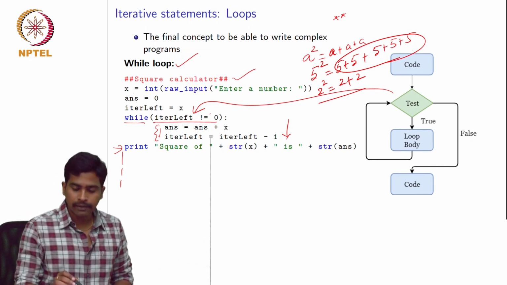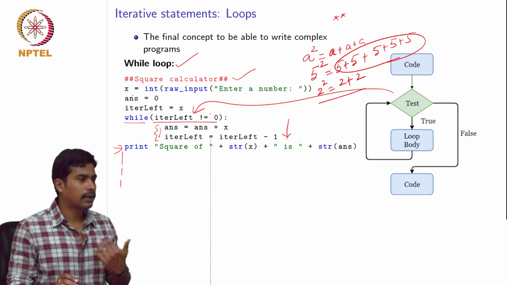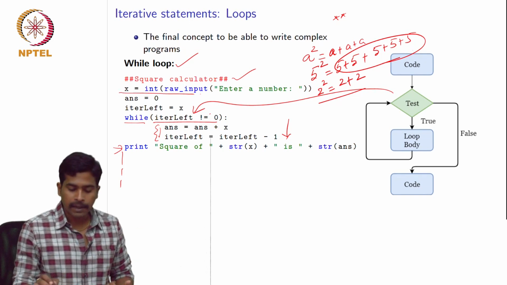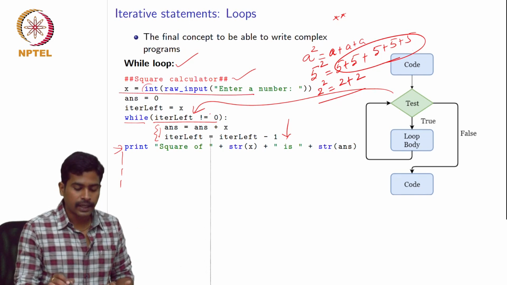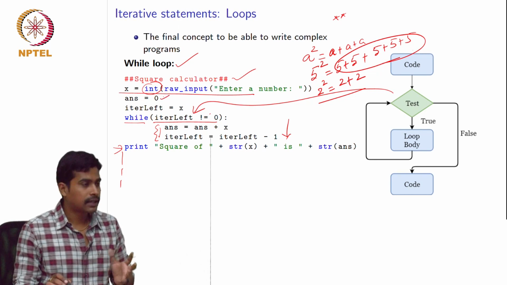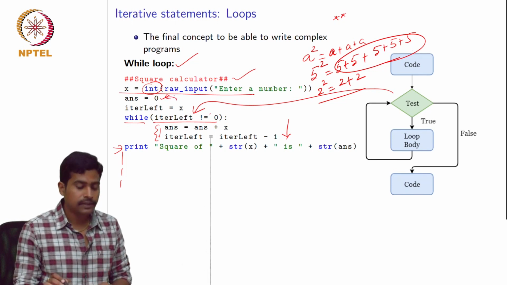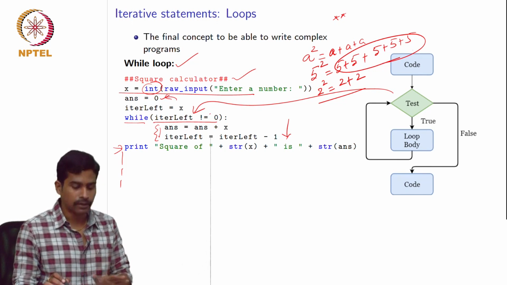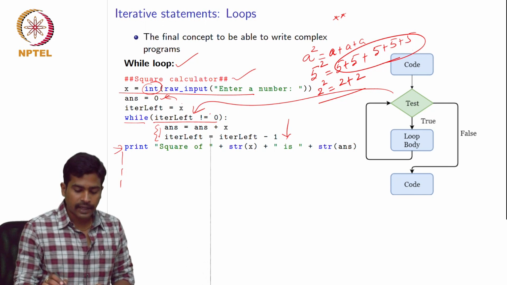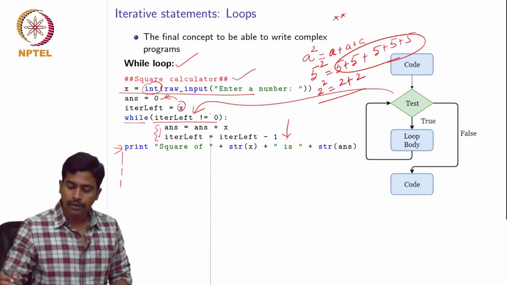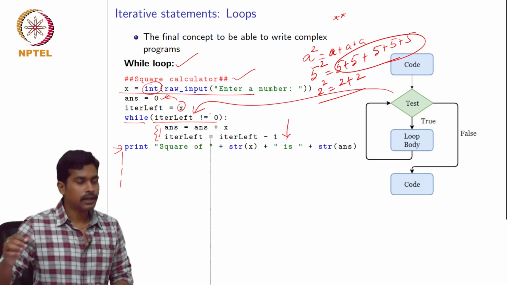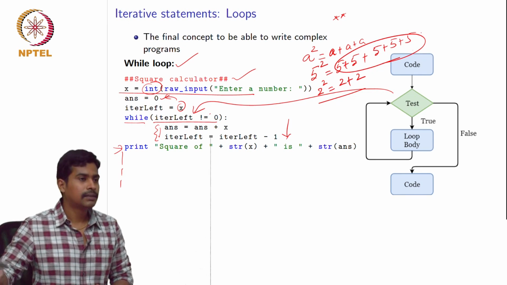Here initially we take the number whose square we want to calculate. I use this command and convert it into an integer, and we have declared a variable answer to be 0 initially, and whatever the final answer is, we are going to store in this. As we have seen, if you want to calculate 5 square, it has to add 5 times. Similarly, if you want to calculate 10 square, you have to add the number 10 to itself 10 times.